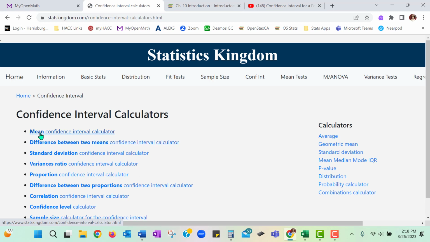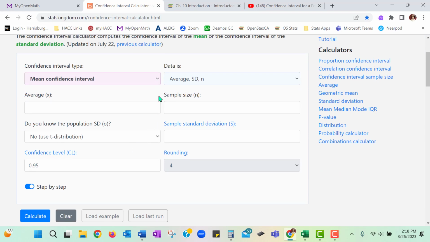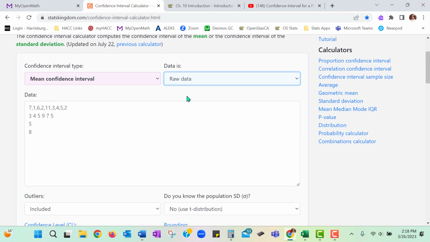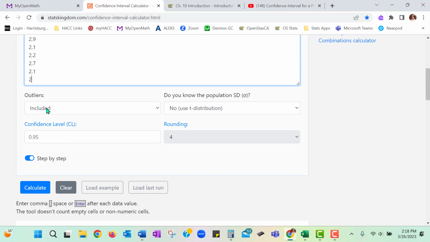And we're estimating the mean. So now we have raw data, and we'll just paste that in. Outliers included. Do you know the population standard deviation sigma?